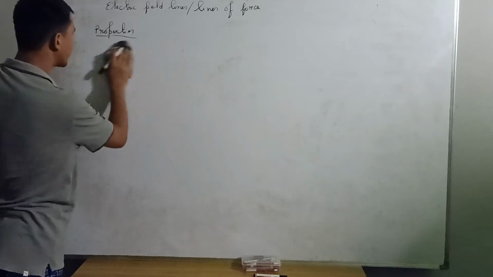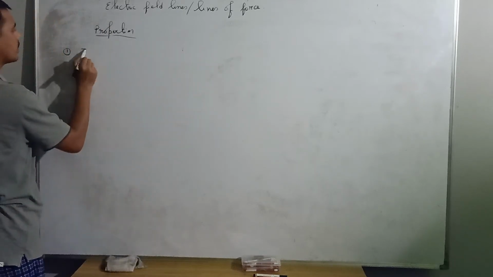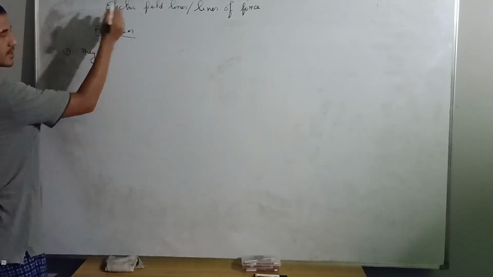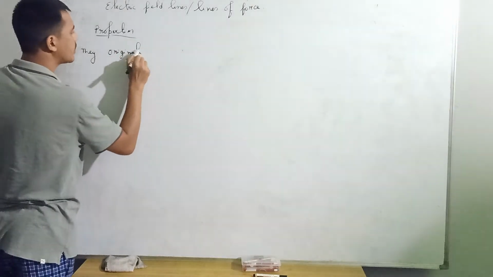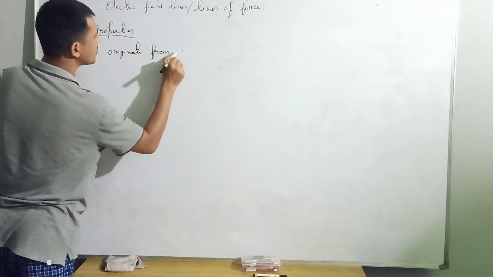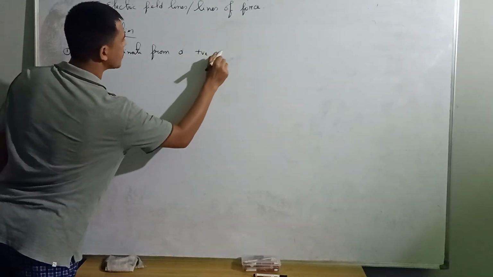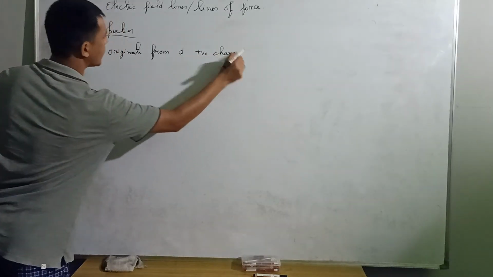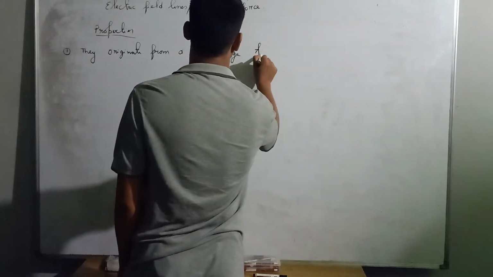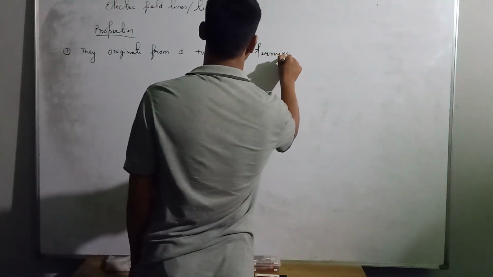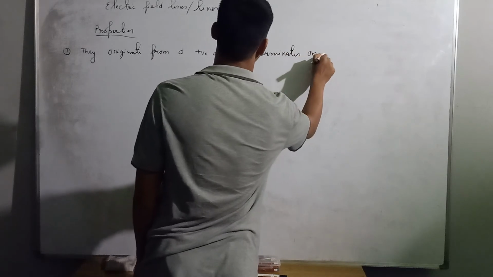The second property, okay, let me say the electric field lines, they originate from a positive charge, and terminate on a negative charge.